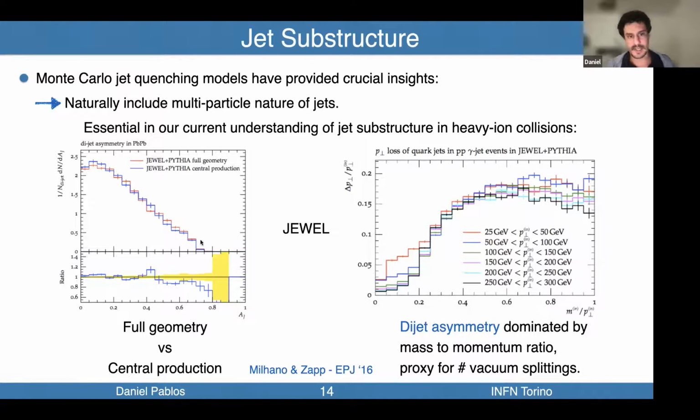And what they found is that in this model, the amount of dijet asymmetry was barely affected by the amount of traversed length. It was rather determined by the mass over the pT of the jet, which is a proxy for the number of vacuum splittings. So it would look from the study that more vacuum splittings would lead to more jet energy loss.